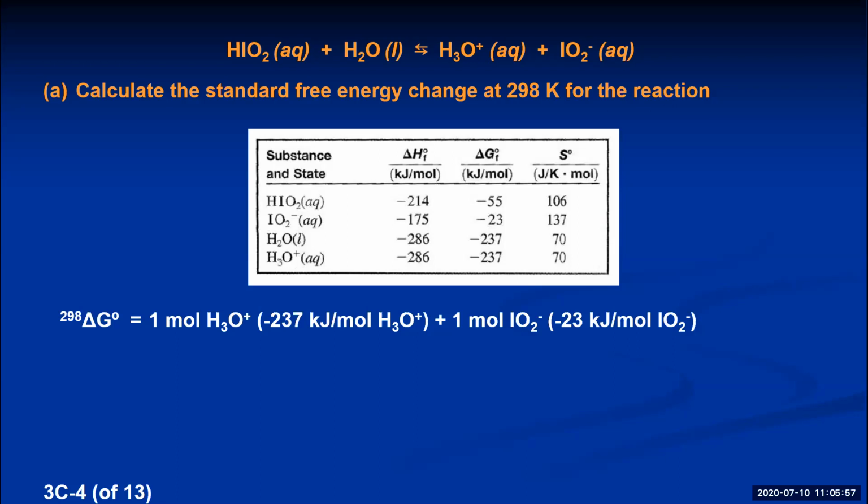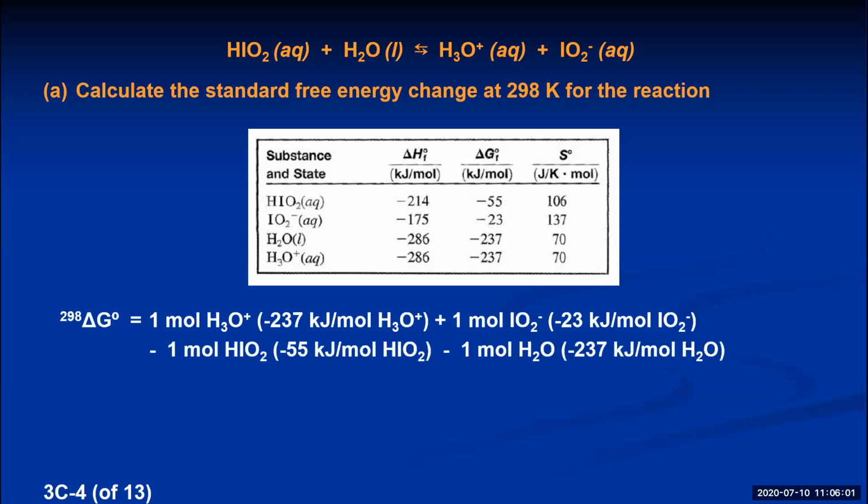We go to the reactant side, we subtract the standard free energy of formation, so minus 1 mole of iodous acid multiplied by negative 55 kilojoules per mole, and then minus 1 mole of water multiplied by negative 237 kilojoules per mole. Moles cancel out in each of the terms. The answer comes out in kilojoules, and so this comes out 32 kilojoules as the delta G naught value.